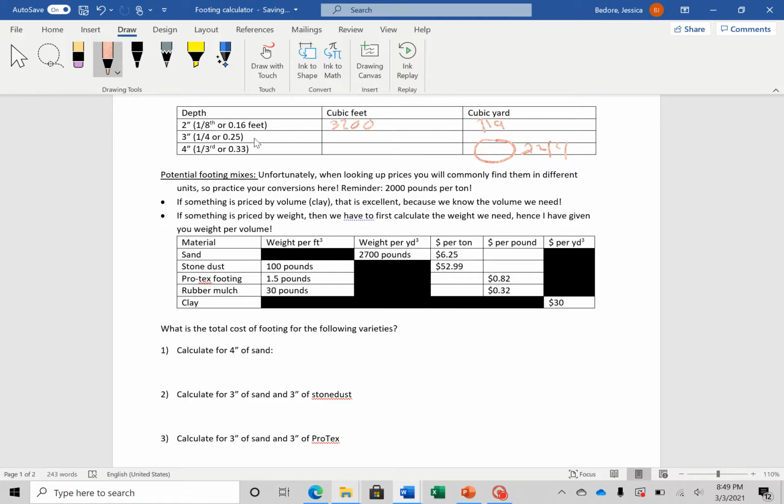So you need 244 cubic yards, and that would be multiplied by 2,700 pounds per cubic yard, because that was given to us by the company. And if you do that math, you will see that is 658,800 pounds.